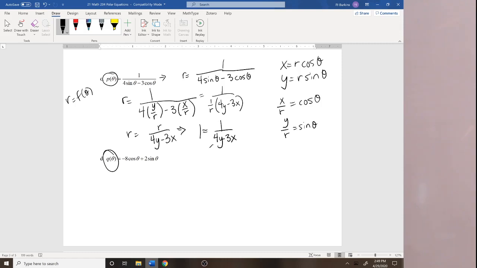And then finally I'm going to swap this with that 1. And then even beyond that, I'm going to solve this for y.